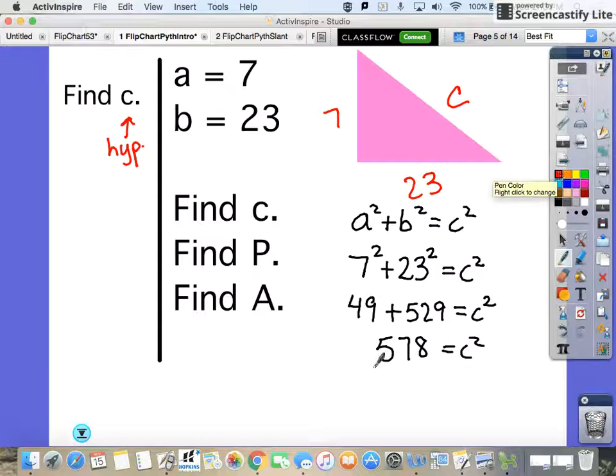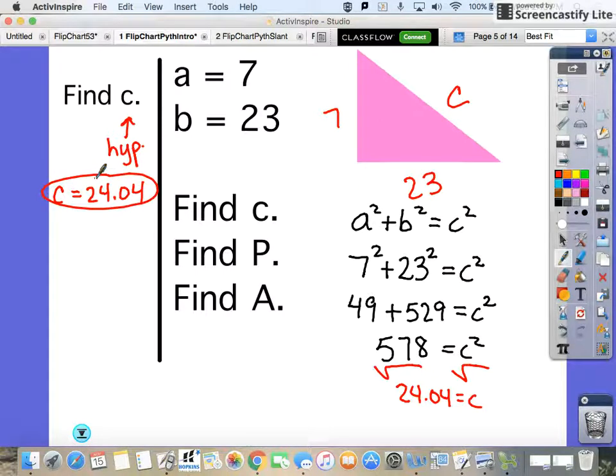And to get C by itself, we're going to square root both sides. So we get about 24.04 is our C value. So C, the hypotenuse, is 24.04. On the picture, it would go right here.